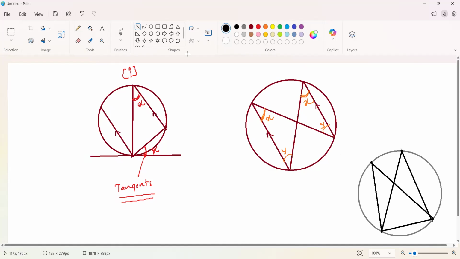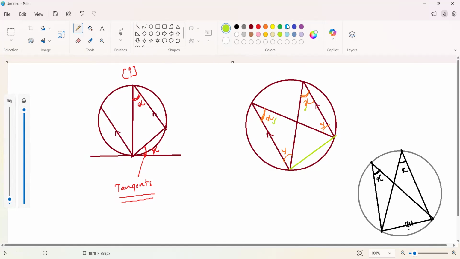What is the chord? If I consider here the chord, that creating angle with the circumference. If I consider this one x, this one also should be x. So like here, if I draw an imaginary line of chord, you can create two angles like here. It is equal to each other.